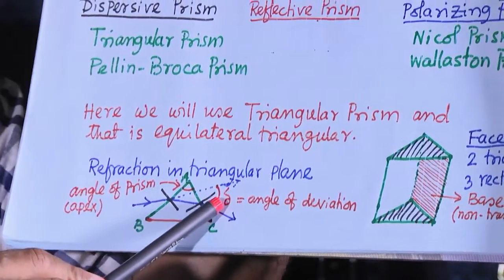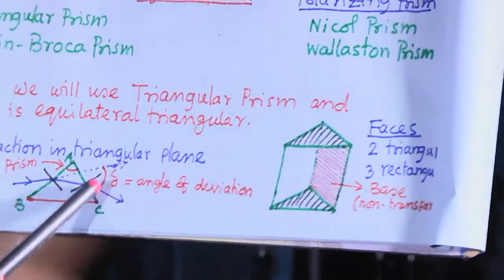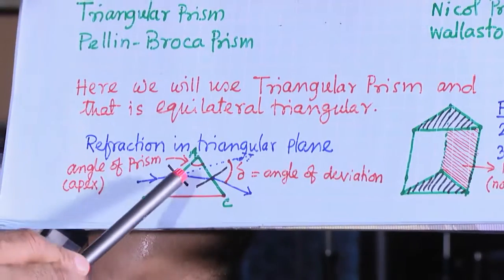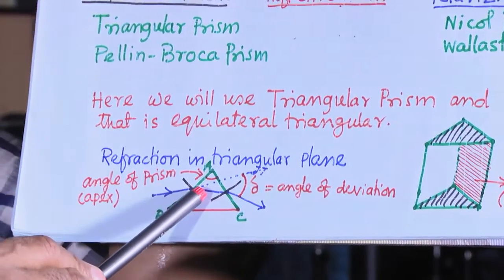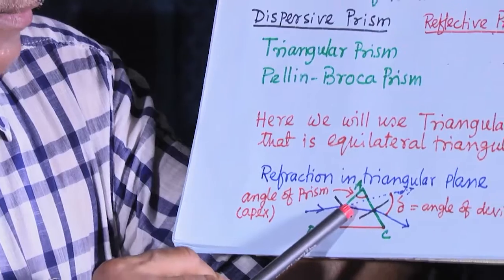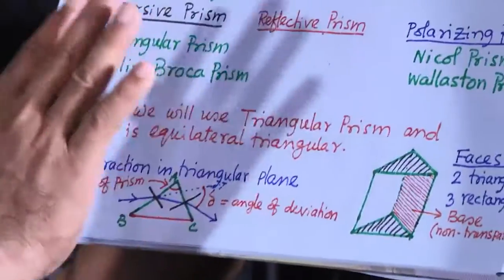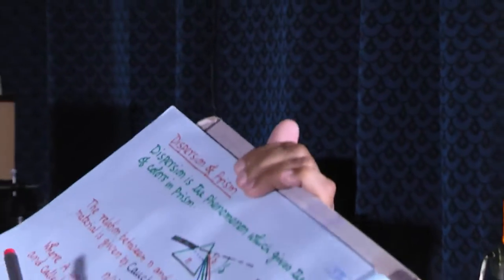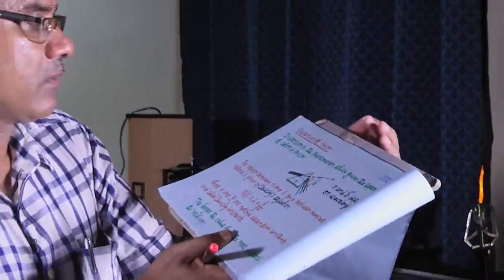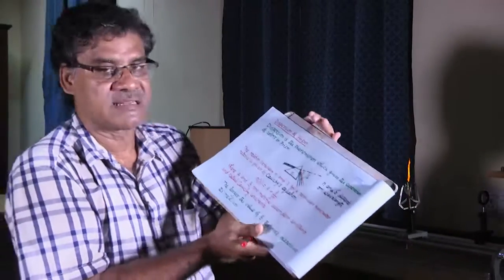This is the angle of incidence, and this is the angle of refraction. So this is about the prism, although very simple and well known to all of us. And what is dispersion?